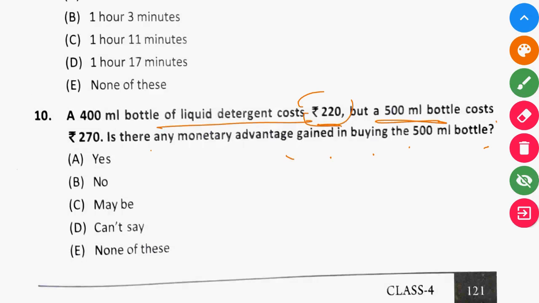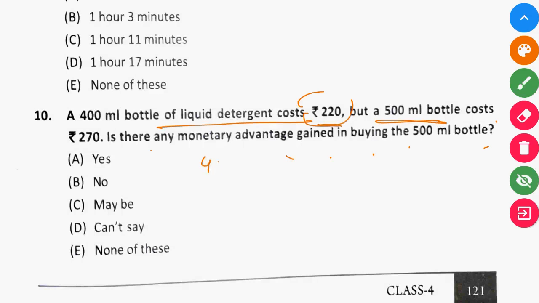We had seen the same question in the salt example. We have to find the per 100 ml cost, and then we'll decide whether the person buying this liquid will benefit from buying the 500 ml bottle or not.